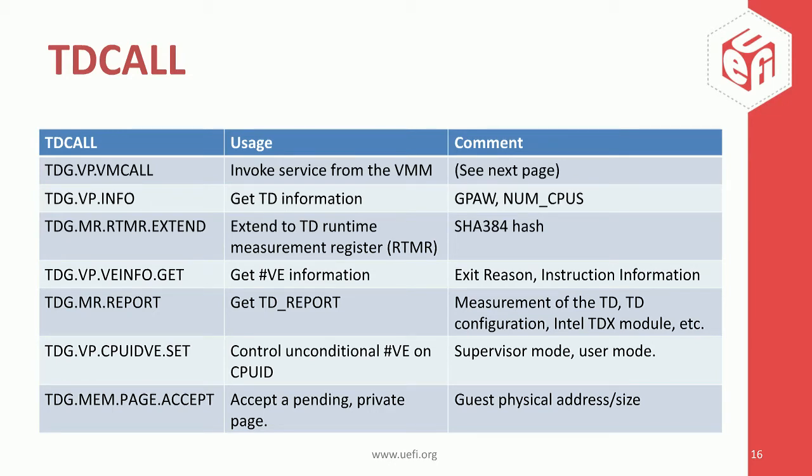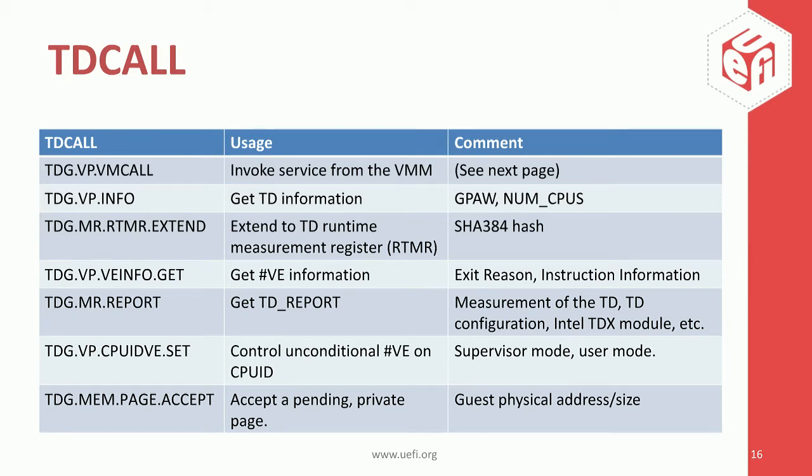Next one is the VE.GET. Whenever the TD accesses some unexpected MMIO or memory, it may get a virtual exception. So this VE.INFO.GET is to get the virtual exception information. It returns the exit reason and instruction information.